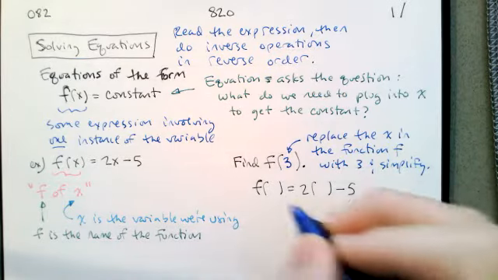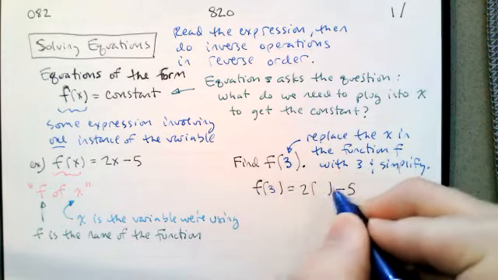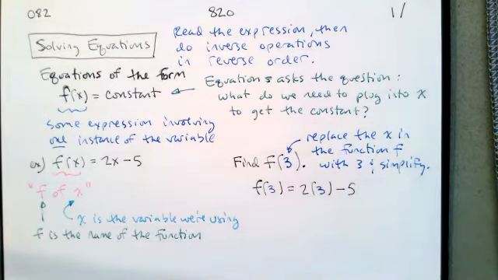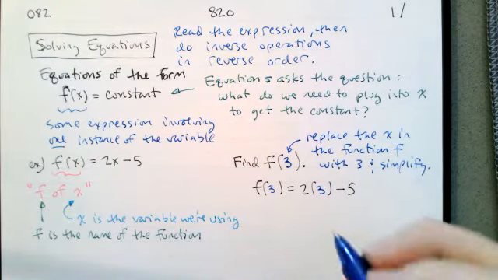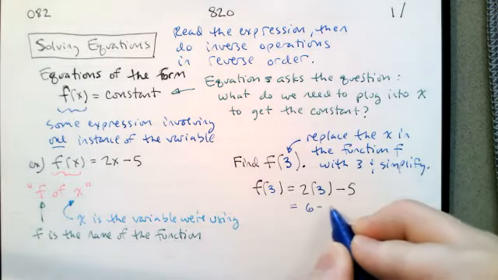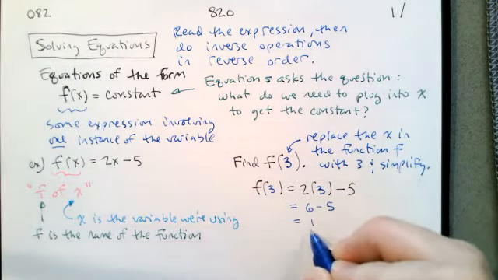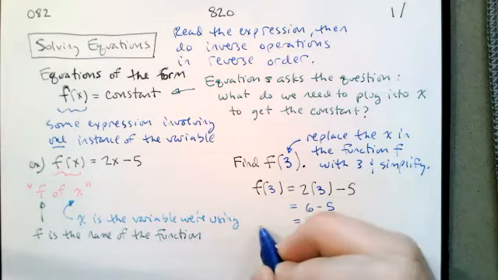So f of 3 is 2 times 3 minus 5. I just replaced the x with a 3, and then we simplify the expression. 2 times 3 is 6. 6 minus 5 is 1. So we would say that f of 3 is equal to 1.